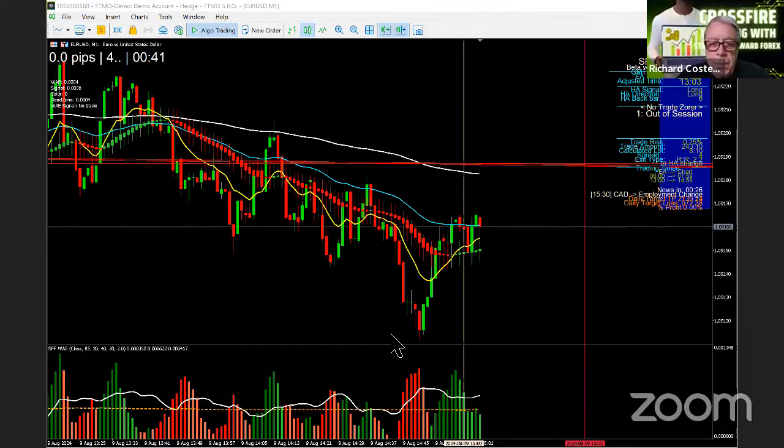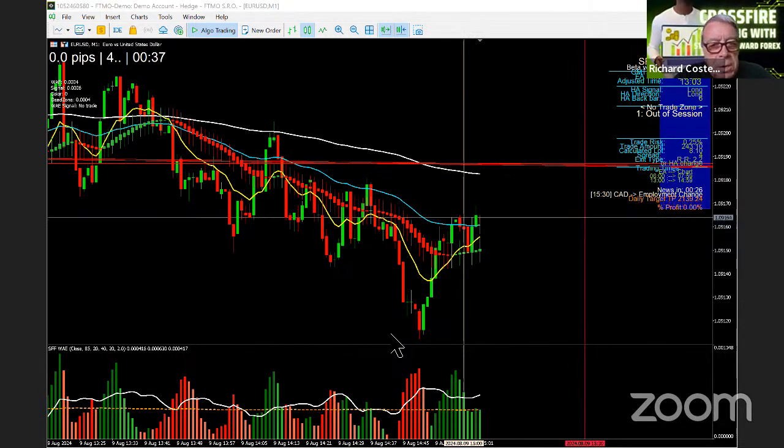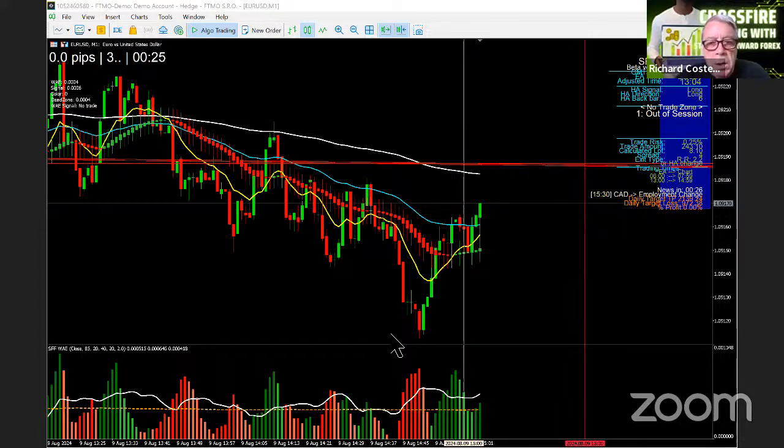Right, so yeah, if I'm honest, if I'm going to be available and able to sit and watch the charts, I'm going to prefer doing that for a number of reasons. One is that if you're trading the four crossfire pairs and you're setting up the screen, I'll show you.